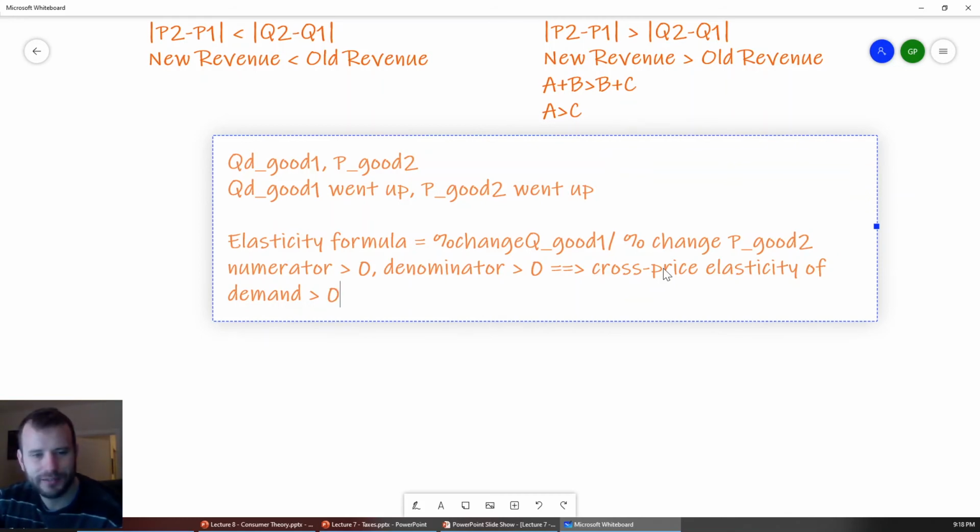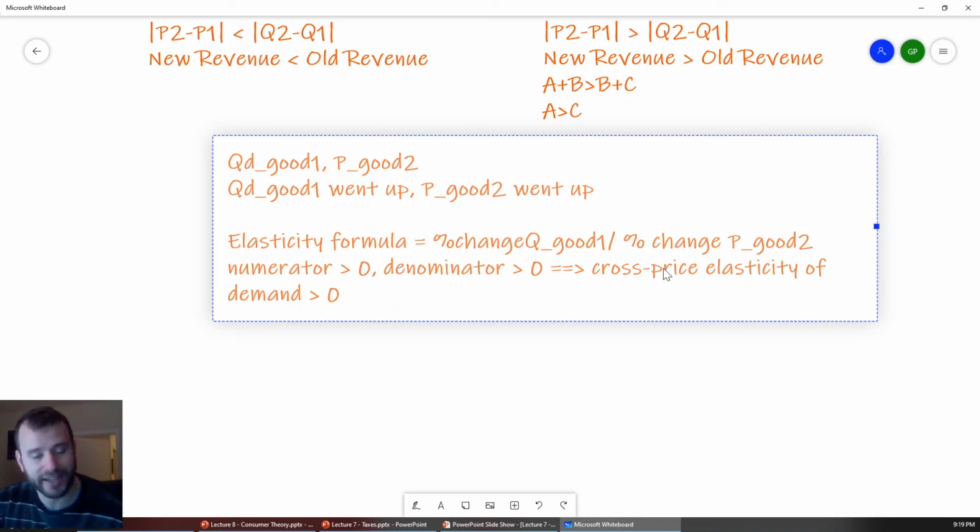What does that mean? Think about it logically. The price of good 2 went up and therefore the quantity of good 1 went up. If you think back to the other lectures, we call this a substitute good. If the price of Nutella goes up and I consume more peanut butter, we have substitutes.